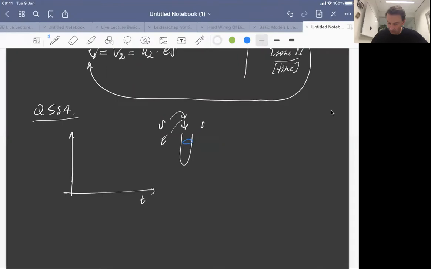And the substrate concentration is going to greatly exceed that of the enzyme. So we're going to start with a lot of substrate and less enzyme, and ES and P start at 0.